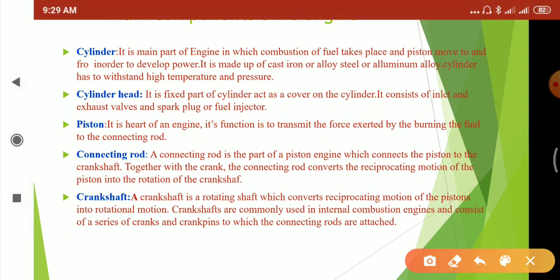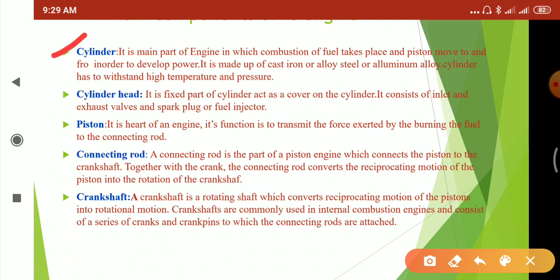First is the cylinder. It is the main part of the engine in which combustion of fuel takes place and the piston moves to and fro in order to develop the power.